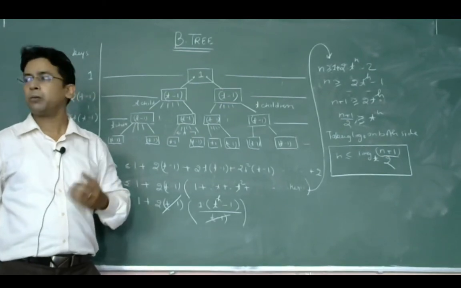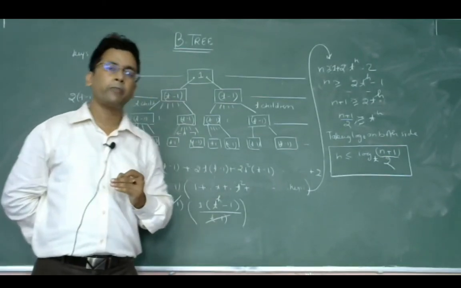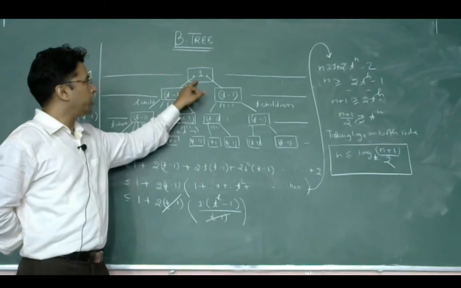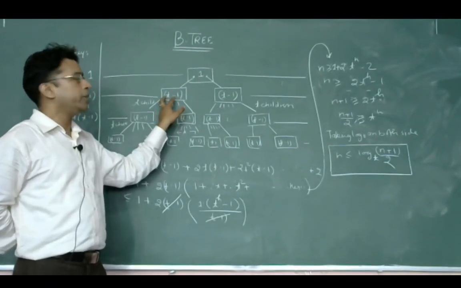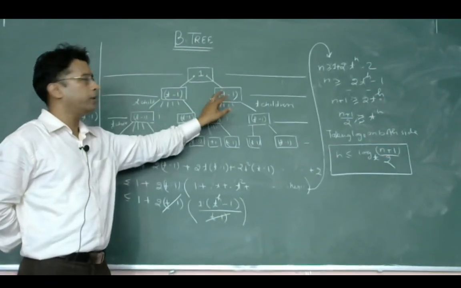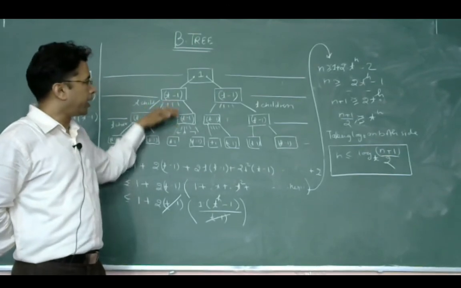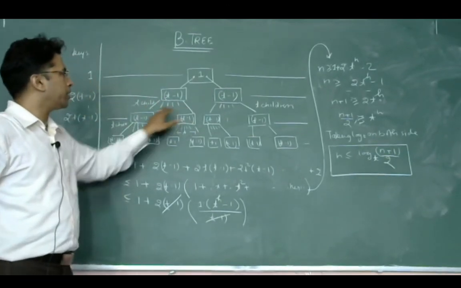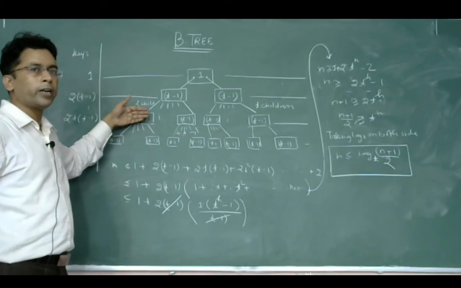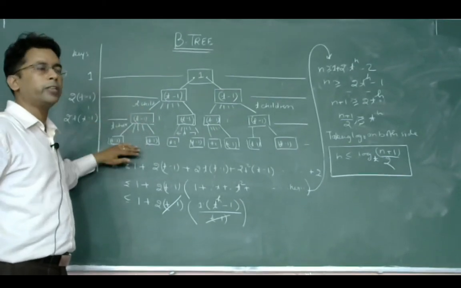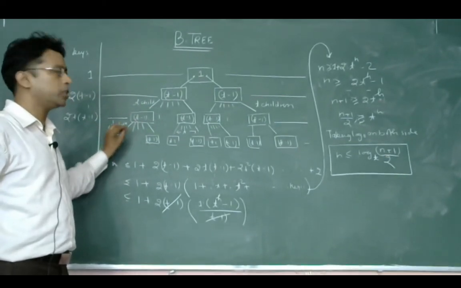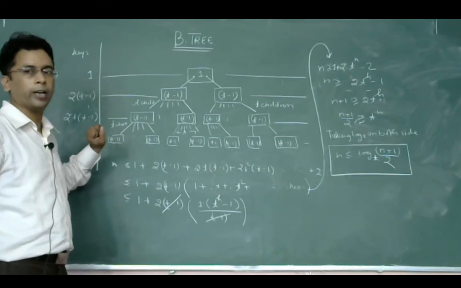To get the maximum height, every node should have the minimum number of elements. So here we are filling each node with the minimum number of elements, that is t minus 1, and like this each node is having t children with t minus 1 key elements. Likewise their children will also have t children, each one having t minus 1 key elements.